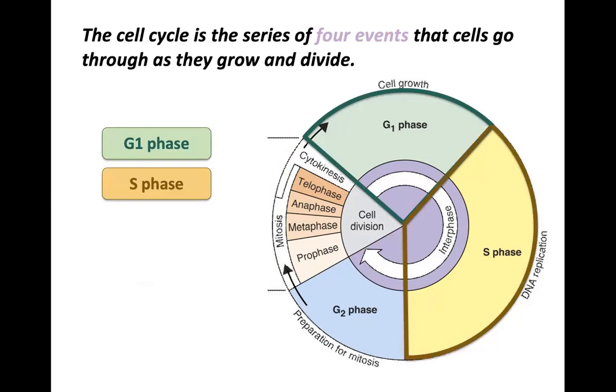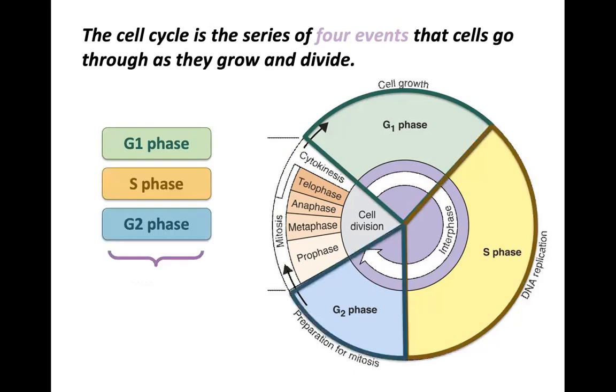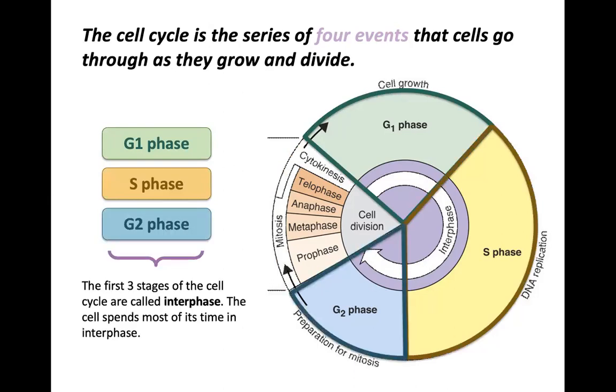So G1, S, G2, okay, those are the first 3 phases of the cell cycle, and this is known as interphase. So interphase is where the cell spends most of its time. But note, remember I said that the S phase is the most important because what happens there? It is synthesis, but what happens there?